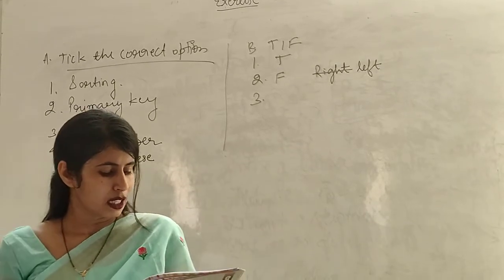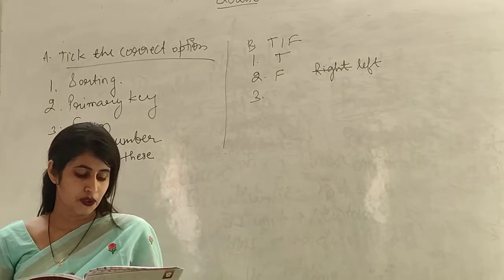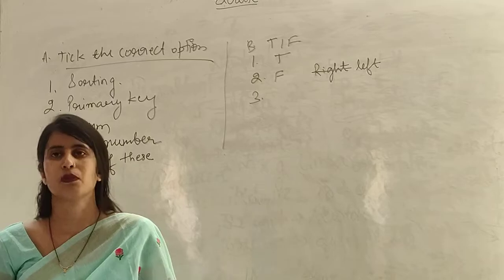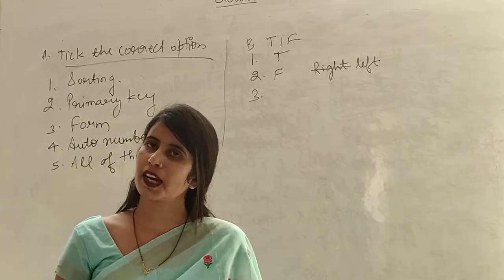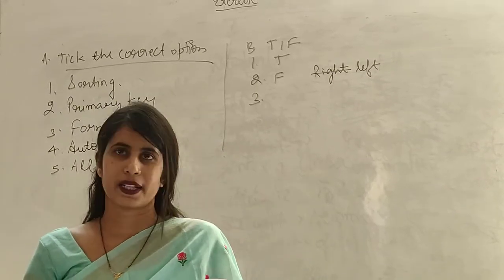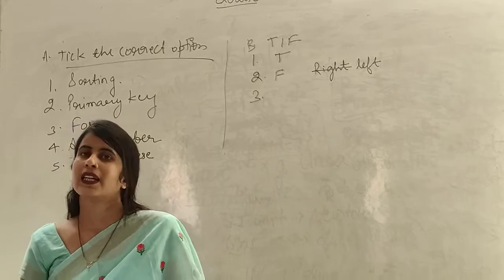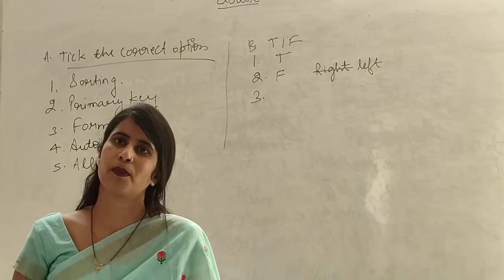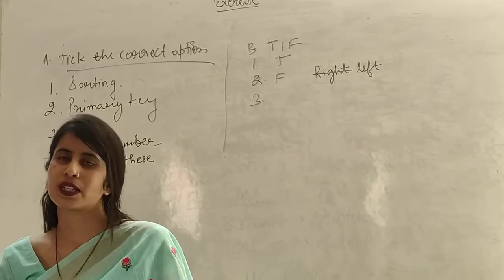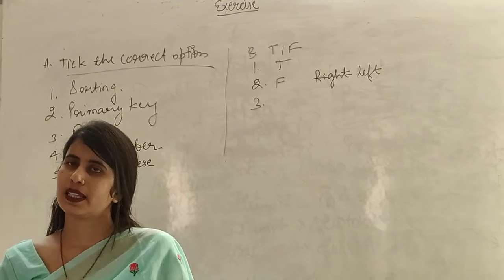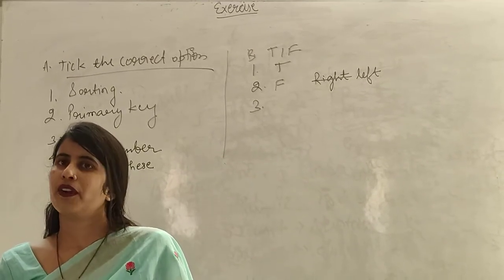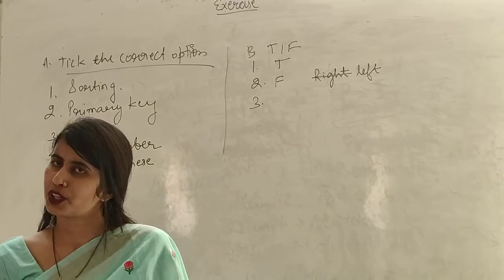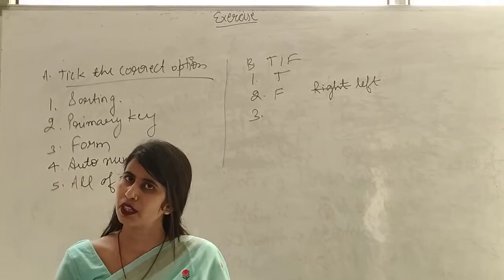Next one is the maximum size of number field is 32 bytes. This question is related to the types of data types. We know that there are 9 types of data types. They are text, number, memo, auto number, OLE, date time, yes no, lookup wizard, and these are. And we have studied about the limitations of the size of the data types also.